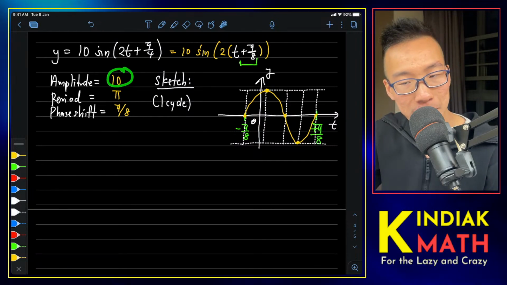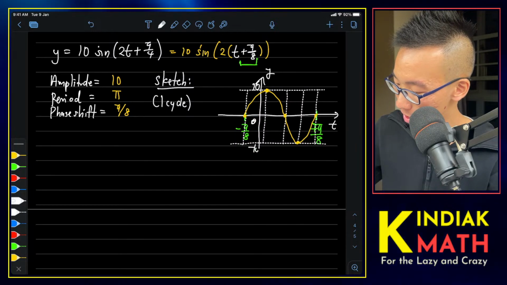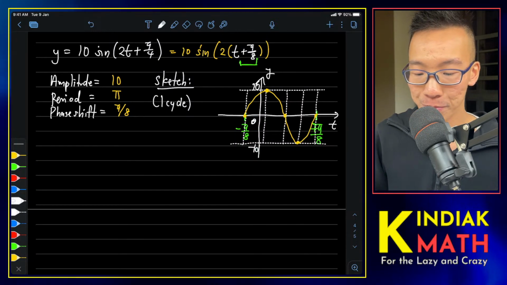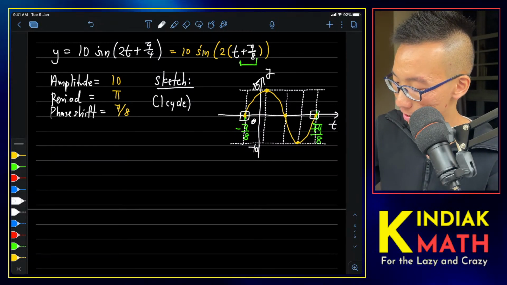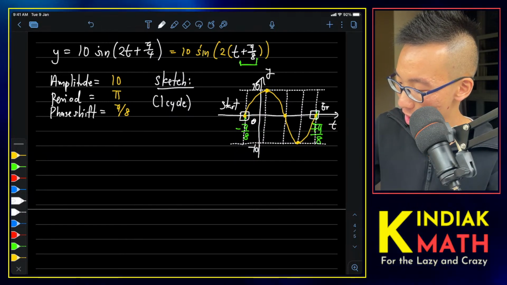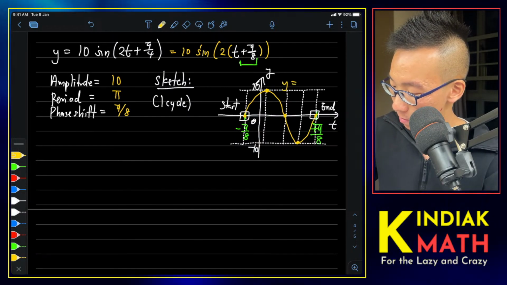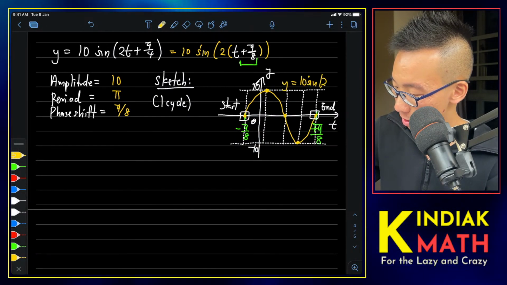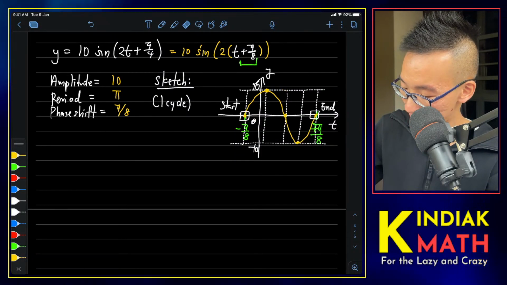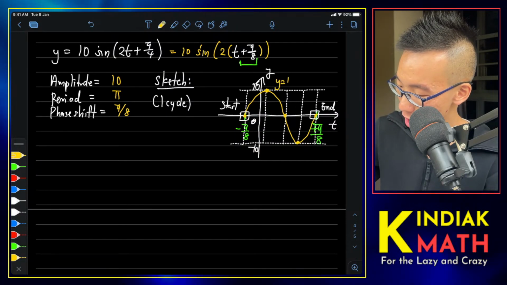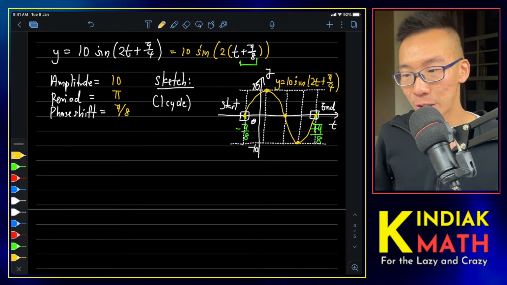And since our amplitude is 10, we should label the bounds by 10 and minus 10 respectively. Right, so that's the start and the end. And we also have the amplitudes of the sine graph.